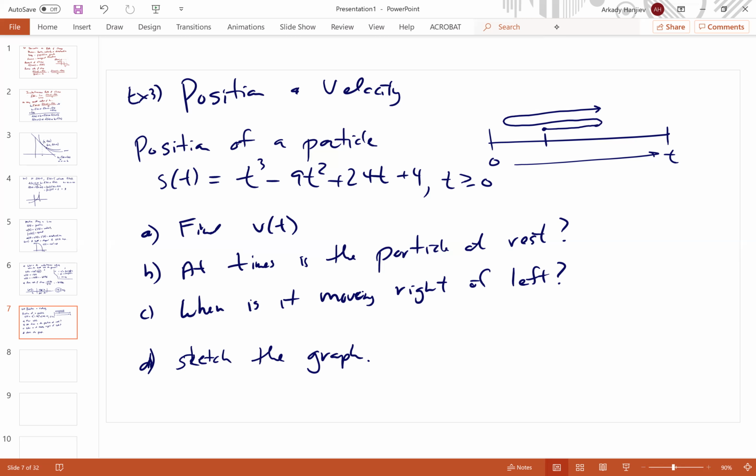So find the velocity function here. We're going to figure out when this particle is at rest, which means not so much rest, but when is it changing direction? When did it stop moving to the left and start moving to the right, or start moving to the right and go to the left? Sorry. The C version should be right or left.